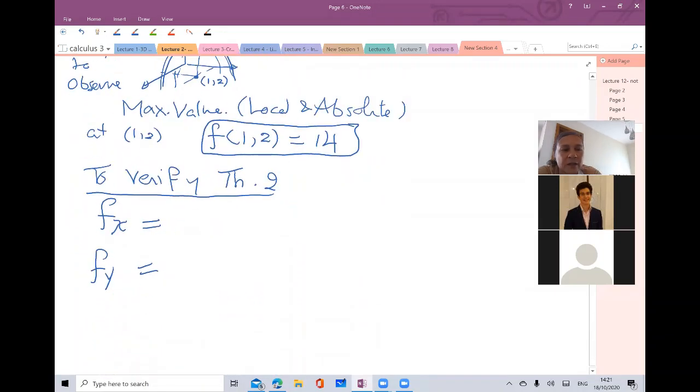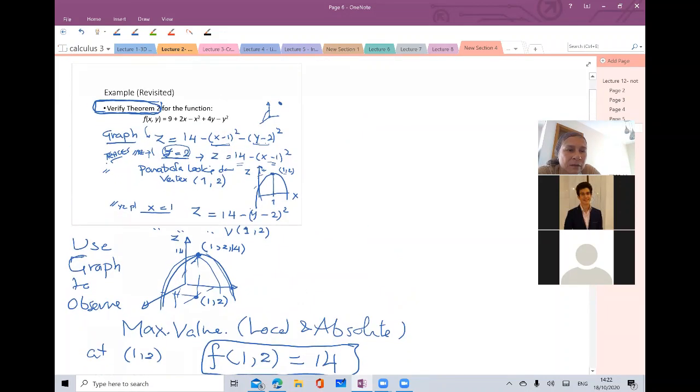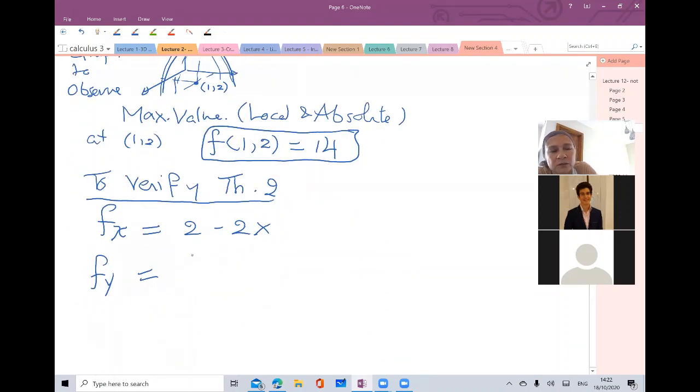So I have here fx, which will be 2 minus 2x, and here fy will be 4 minus 2y. And then I'm going to plug in the point, I don't put it equal to 0. I'm going to plug the point in and check if it's equal to 0.